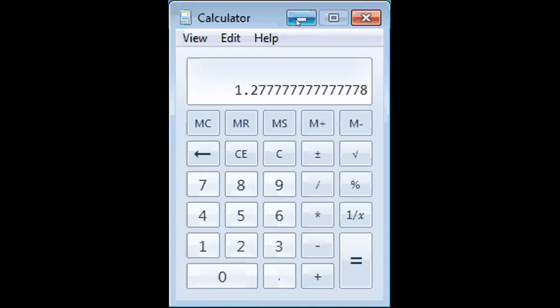So the mass flow rate is this one, in kilogram per second.